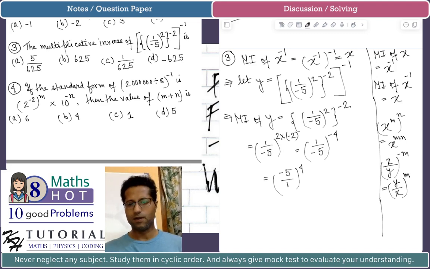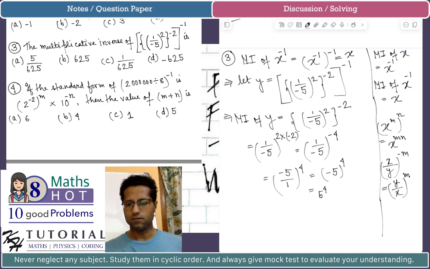So 1 by -5 whole raised to the power -4 is equal to the base becoming the reciprocal of 1 by -5, which is -5 by 1, and the power becomes 4. Now -5 by 1 is -5, so this is -5 raised to the power 4, and this we know is 5 raised to the power 4.